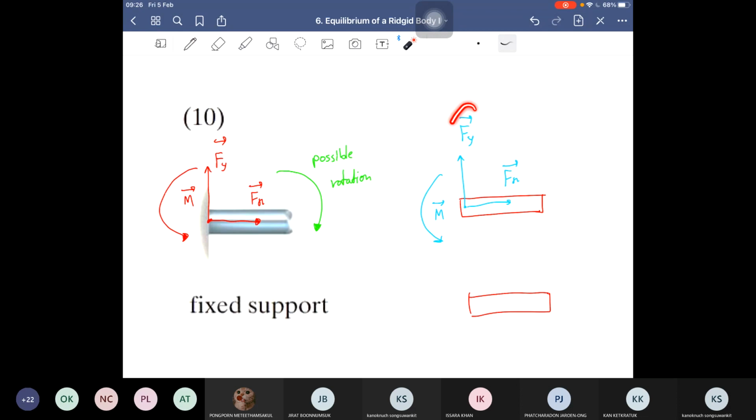And this Fy and Fx can be added into the resultant force, that has the angle with the reference horizontal axis as phi, and couple moment M.